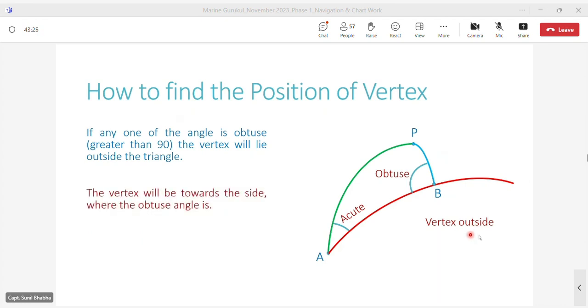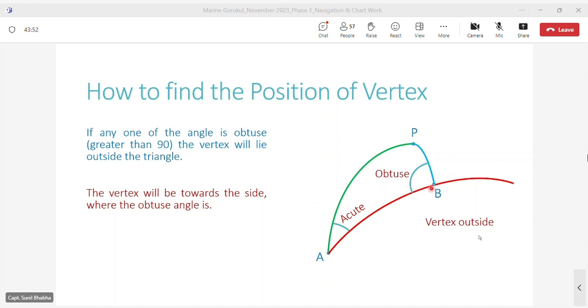Now, when it lies outside the triangle, the next question that comes to mind is, on which side will the vertex lie? Will it go out on the side of the obtuse angle, or on the side of the acute angle? Always remember, the vertex will always be towards the side where the obtuse angle is.